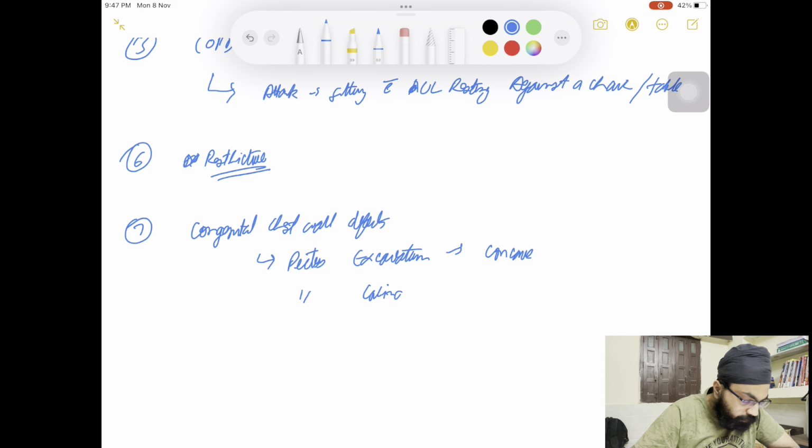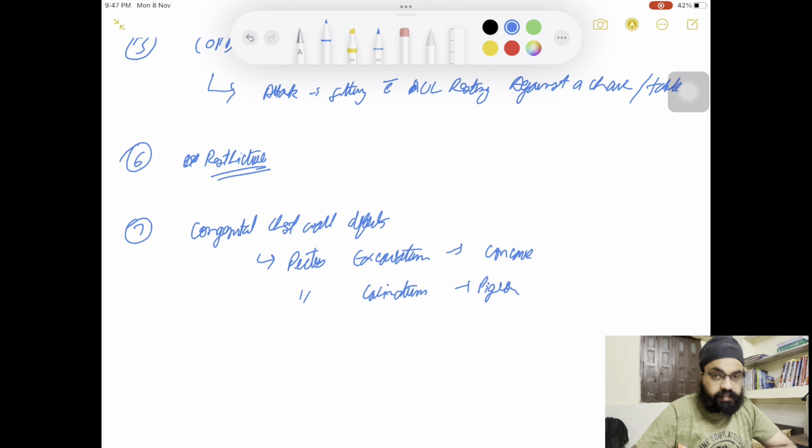Second is pectus carinatum, that is pigeon chest. In the mid chest, the sternum is protruding out, whereas in the other the sternum is protruding in. In both cases, there will be a problem with the anterior posterior diameter. Abnormal movements of the chest wall will take place, and there will not be the adequate expansion of the chest wall that is required for inspiration.